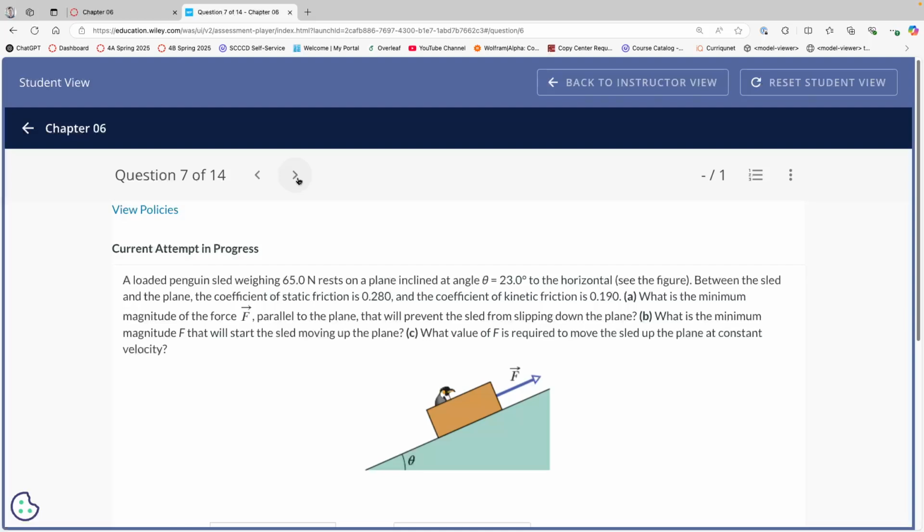So this problem, again, you have to do some what ifs. I think there are multiple parts. Yeah, A, B, and C, right? They do this in a kind of interesting way. Minimum magnitude of force that will prevent it from slipping. In order for this to be the smallest, which way would static friction be pointing?